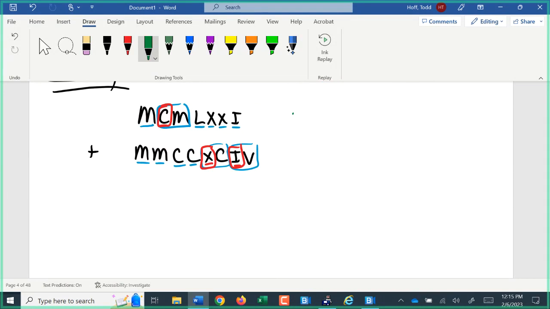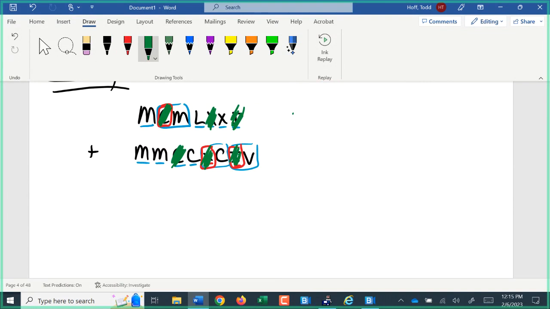So here I have a red C that's negative. I'm going to cancel out one of the positive C's from the other number. I have a red X here that's subtracted, so I'm going to cancel out one of the positive X's from the other number. And I have a red I here. I'm going to cross that out and cancel out an I that's positive from the other number.